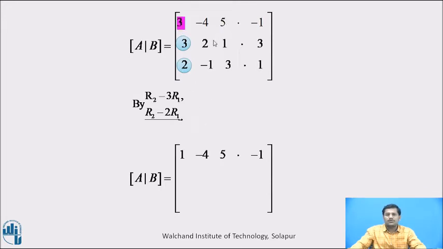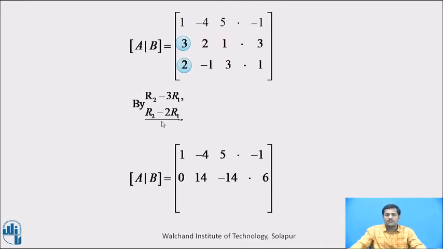Now multiplying row number 1 by 3, we get the entries like this. Now taking simple subtraction of these two rows, what we get? 3 minus 3 is 0, 2 minus of minus, that is plus 12, is 14, 1 minus 15 is minus 14, and 3 minus of minus 3 is 6.